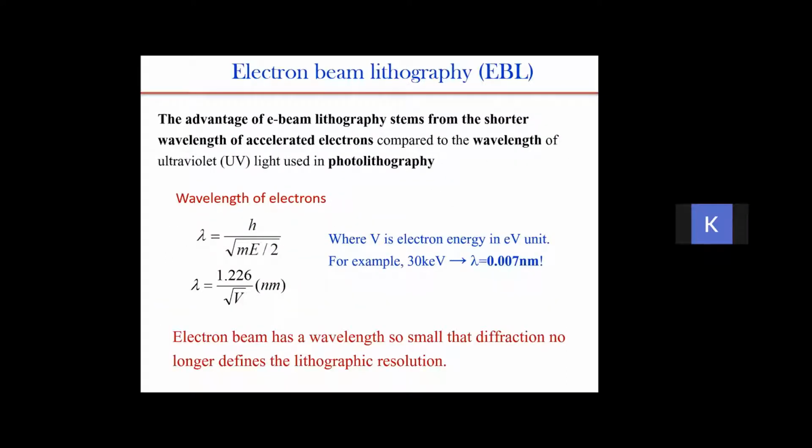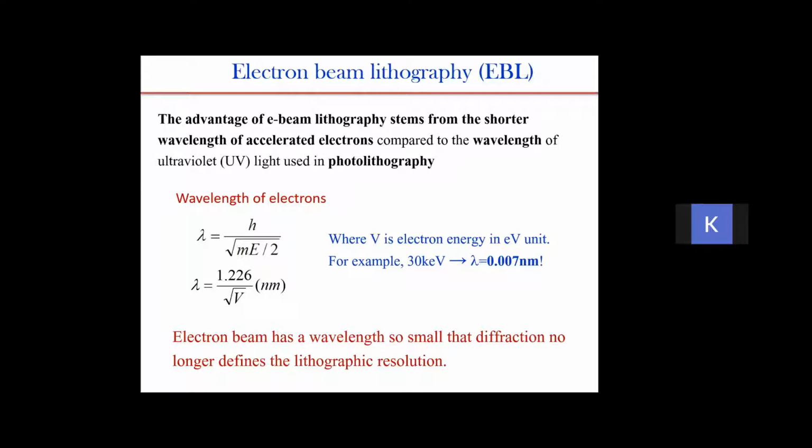So what is the benefit of electron beam lithography over the optical one? The main advantage is that you are using an accelerated electron beam. That means the electron ejected from the source gets accelerated by some accelerating voltage.